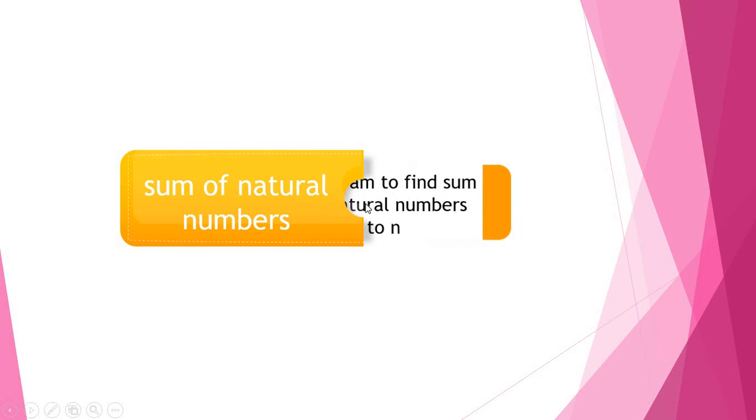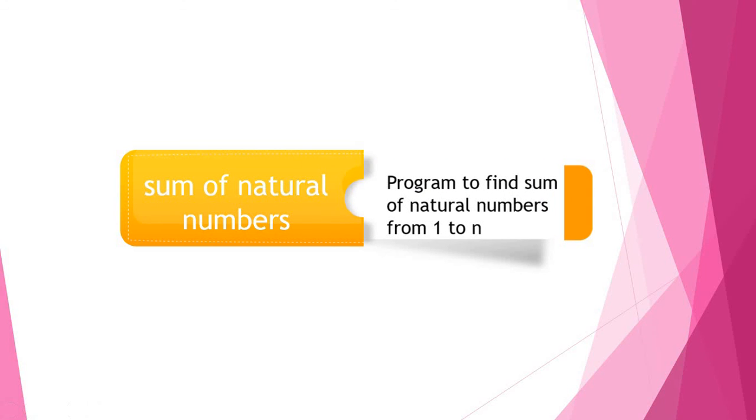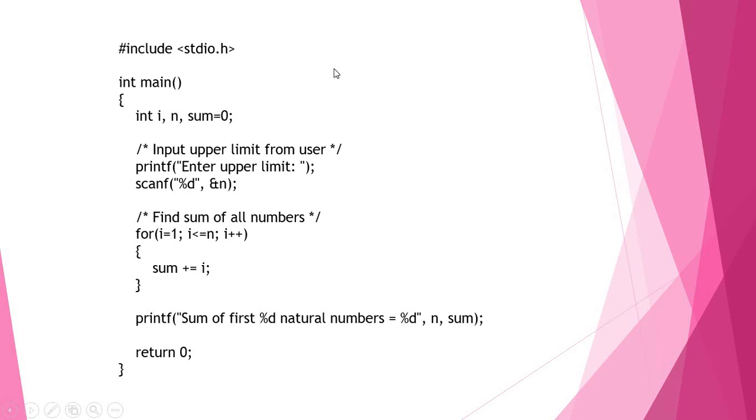Now the next program, to find the sum of natural numbers from 1 to n. Over here, the printf statement will print the n variable for our input. Then the loop gets created to find the sum of all the numbers.